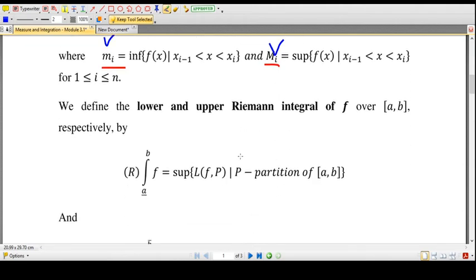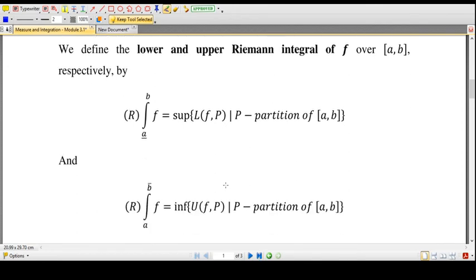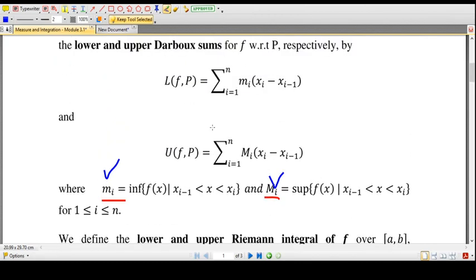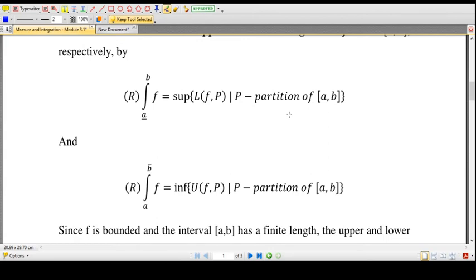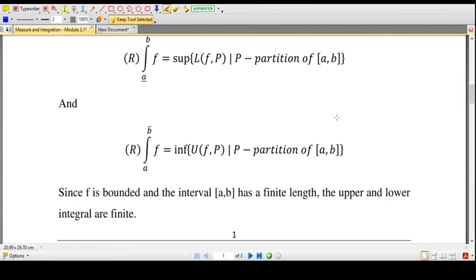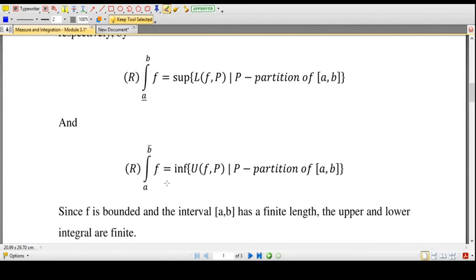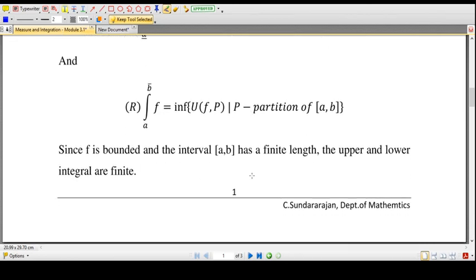Now we define the lower and upper integrals of f over the interval [a, b]. The lower Riemann integral is the supremum of L(P, f), where P is a partition of the closed interval [a, b], and the upper Riemann integral is the infimum of U(P, f), where P is a partition of [a, b].